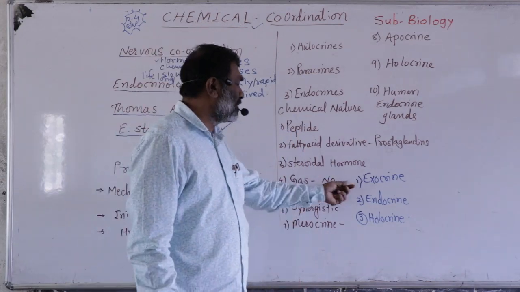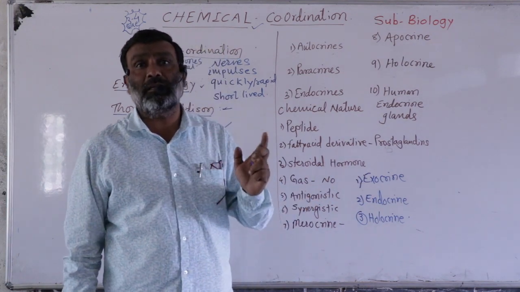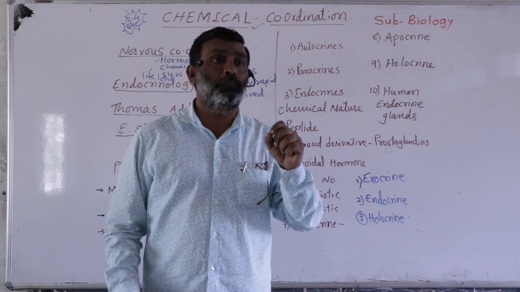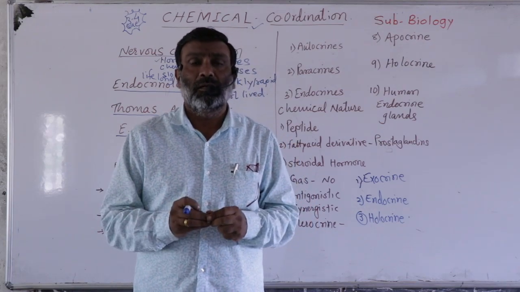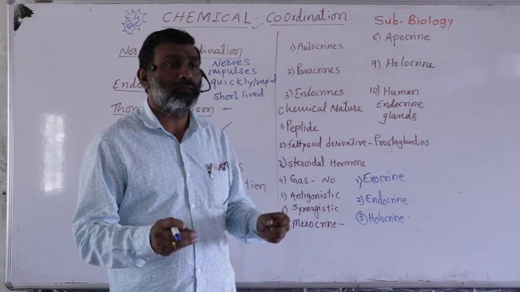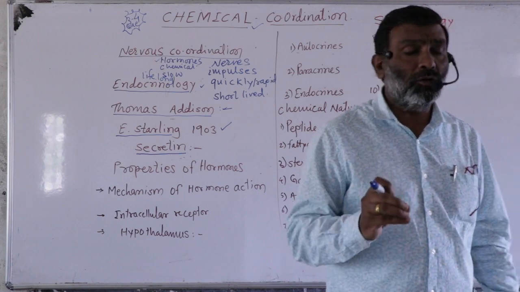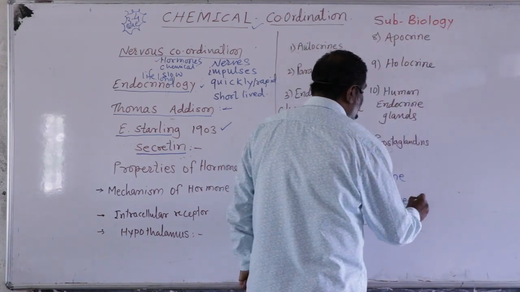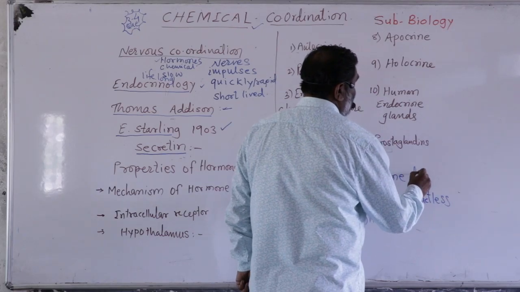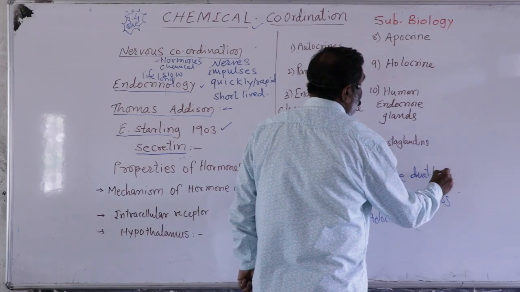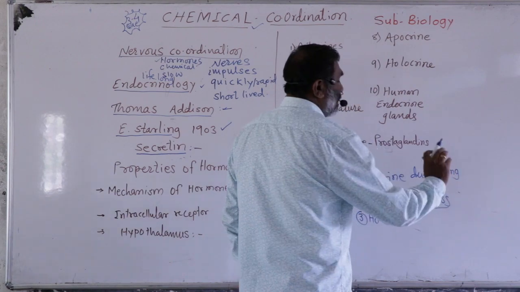But something is important here: exocrine glands are duct-bearing glands. They pour their secretion through a duct. For example, the liver carries out its secretion with the help of the bile duct. The endocrine glands are called ductless glands.